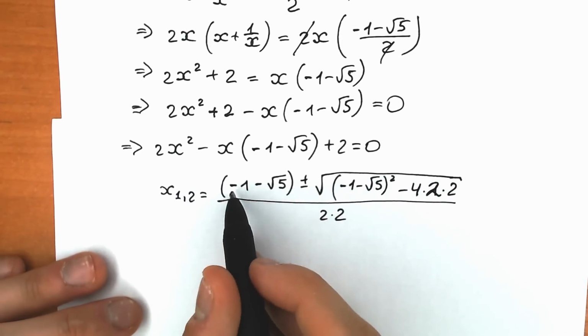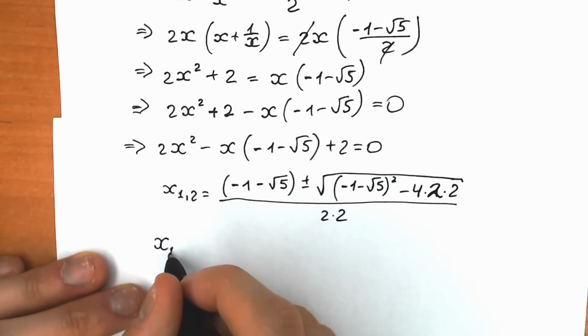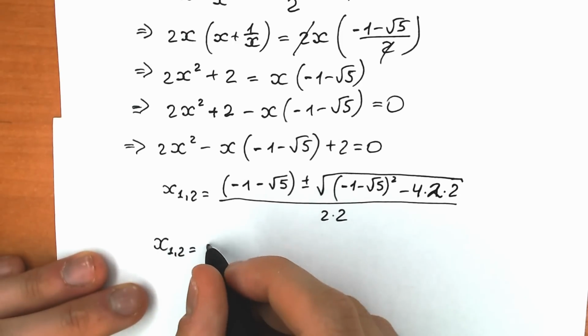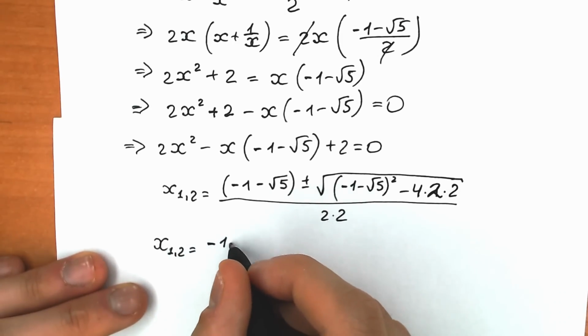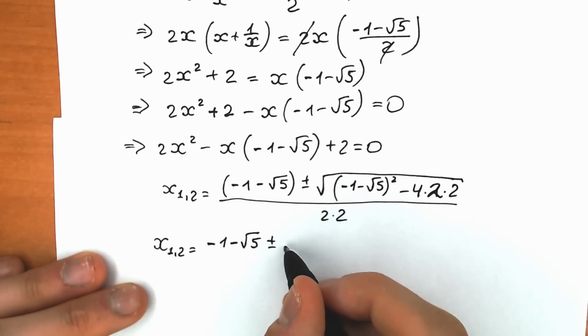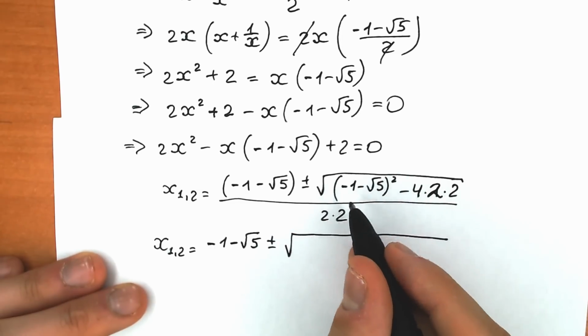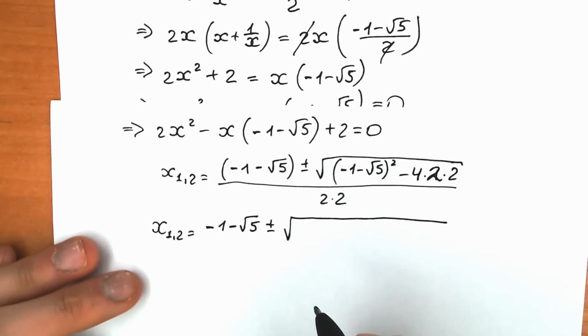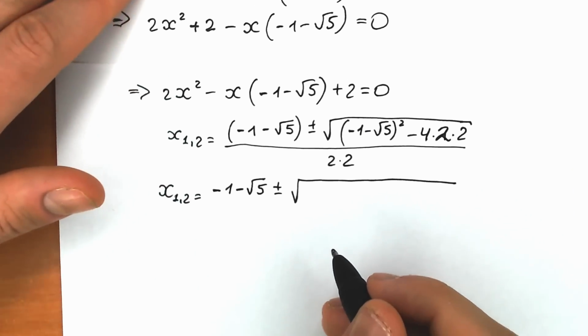Right here we don't need our parentheses, so our x first and second is equal to minus 1 minus square root of 5 plus minus, what do we have inside parentheses? Let's raise this expression inside parentheses to the second power. Let's see what will happen.